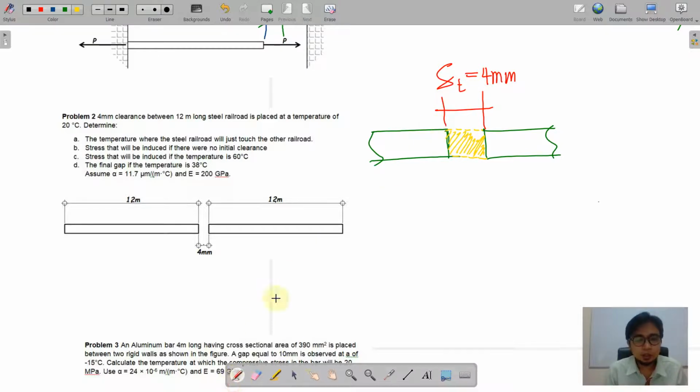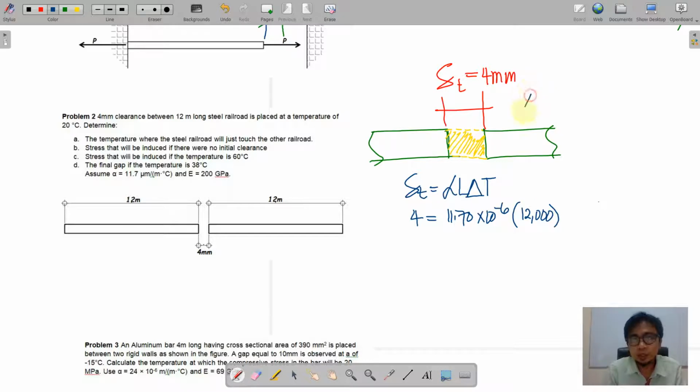So it's very easy. Just write the deformation due to thermal stress. Okay, delta T is equal to alpha L delta T, and we just substitute that one. So our alpha here is 11.7 times 10 raised to -6. So the original length is found to be equal to 12,000.